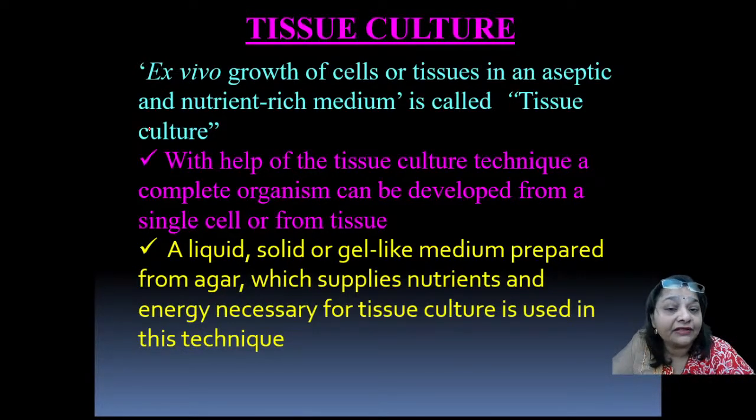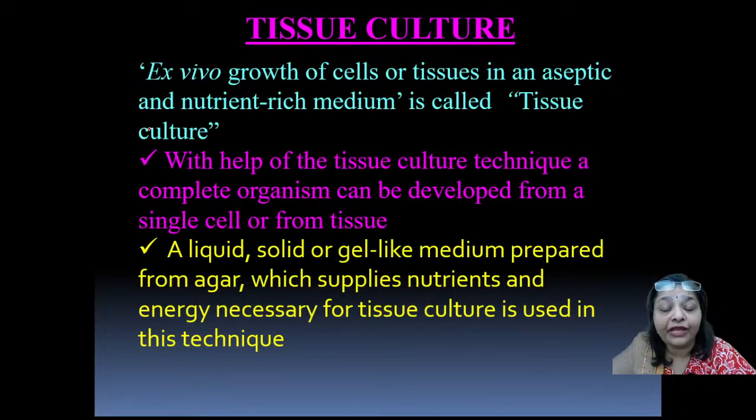Now here, ex vivo growth of the cells or the tissues in an aseptic and nutrient rich medium. Aseptic: A refers to absence and septic refers to germs. Aseptic refers to germ free conditions.